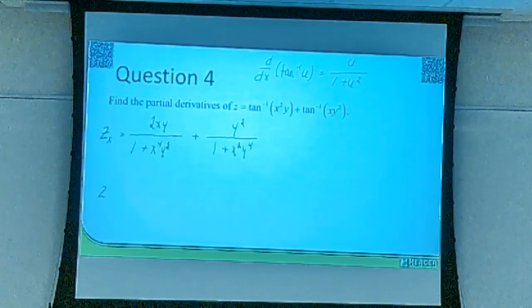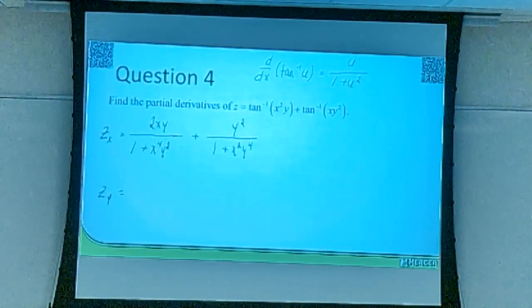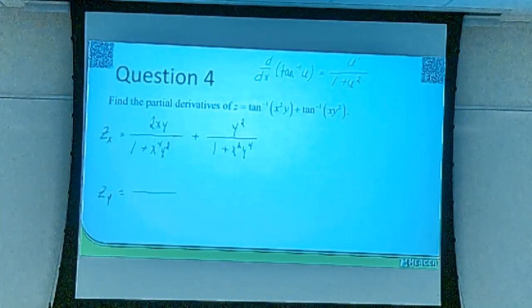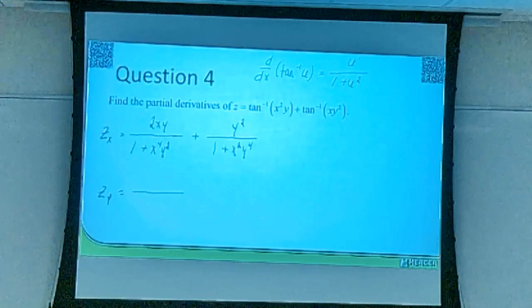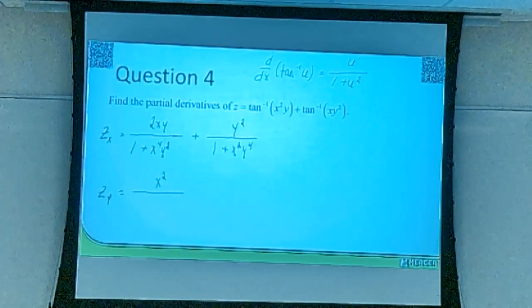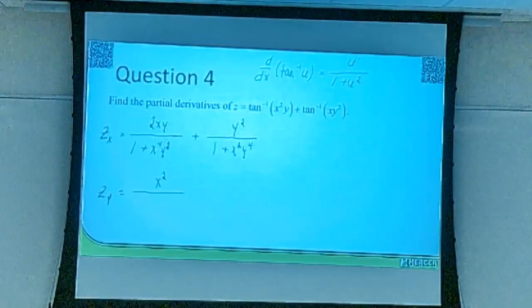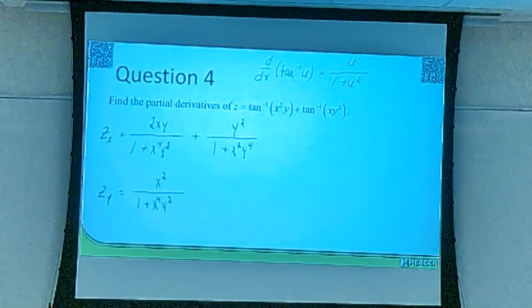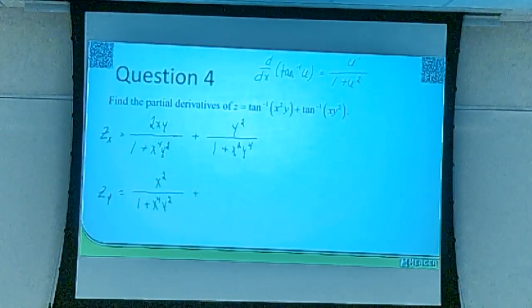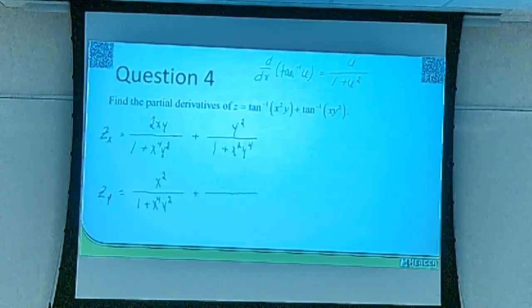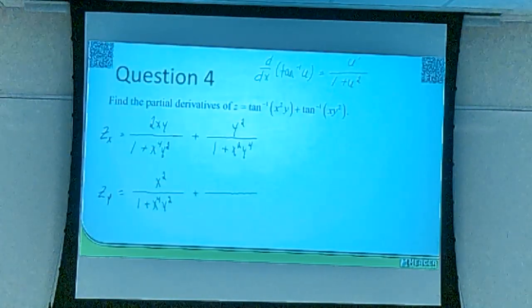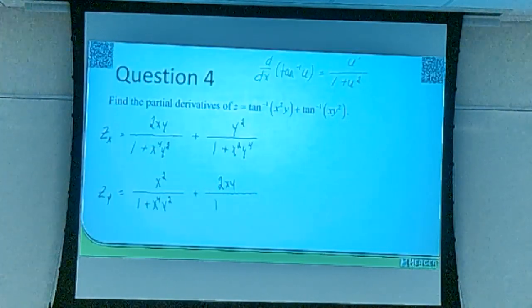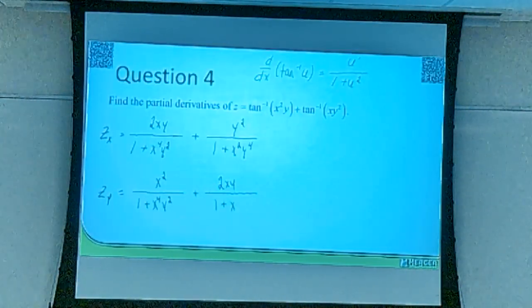Now, with respect to y, what is it? It's just x over y. Two x, one over 1 plus x squared.